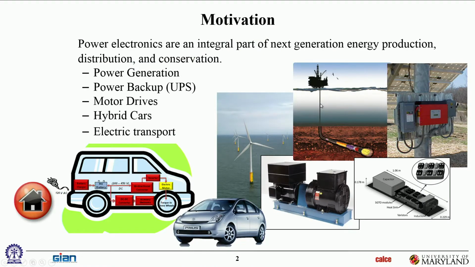As for the application of power electronics, any time you are converting AC to DC or DC to DC, any kind of power conversion in your power supply system, you have to worry about it. The obvious places where they get used are power generation, could be solar power, wind power, oil exploration.